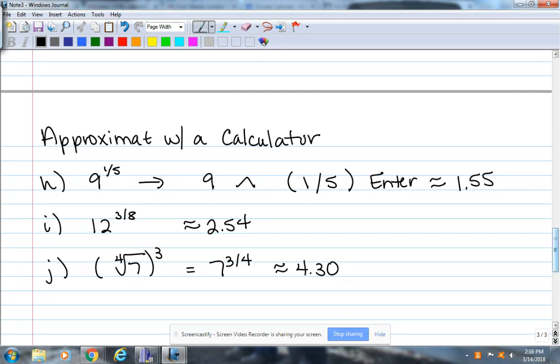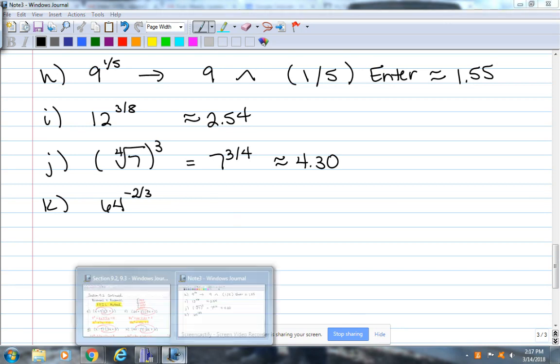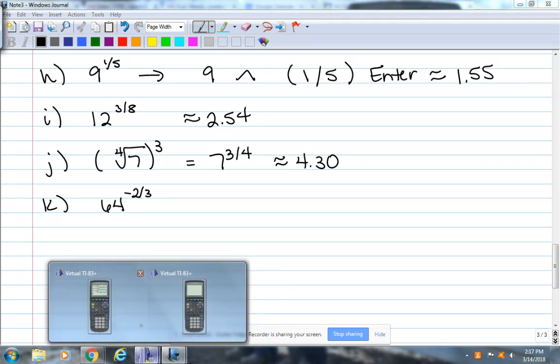We haven't done a negative one. Let's do a negative one. J, this is K. Let's do a negative. 64 to the negative 2/3 power. Now, when you do that, after you do parentheses, use the little negative, and it should work.